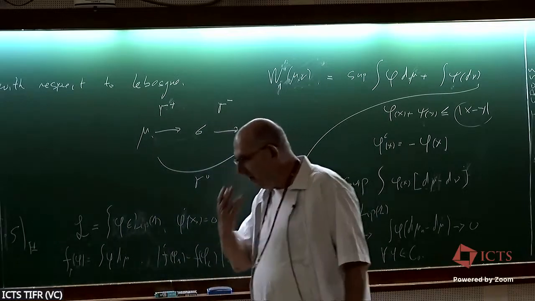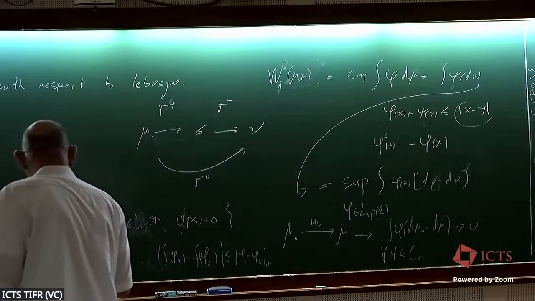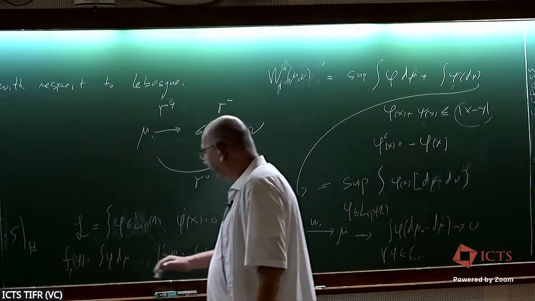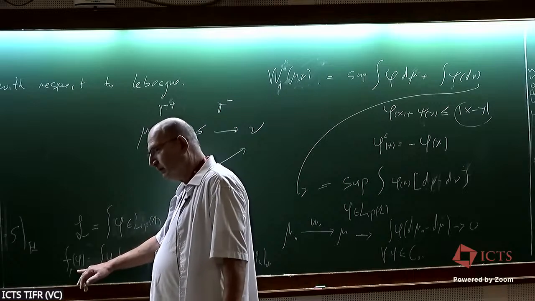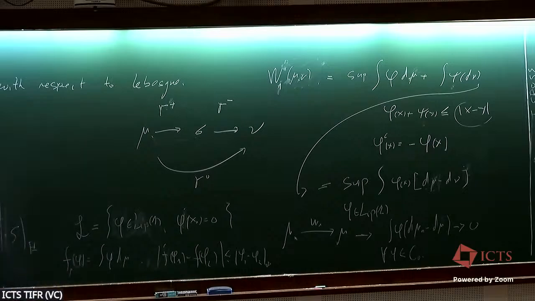So we know that if we have an equicontinuous family on a compact set, and if they converge weakly, it means that they converge pointwise. But if they converge pointwise, they also converge uniformly. That we know for an equicontinuous family on a compact space.